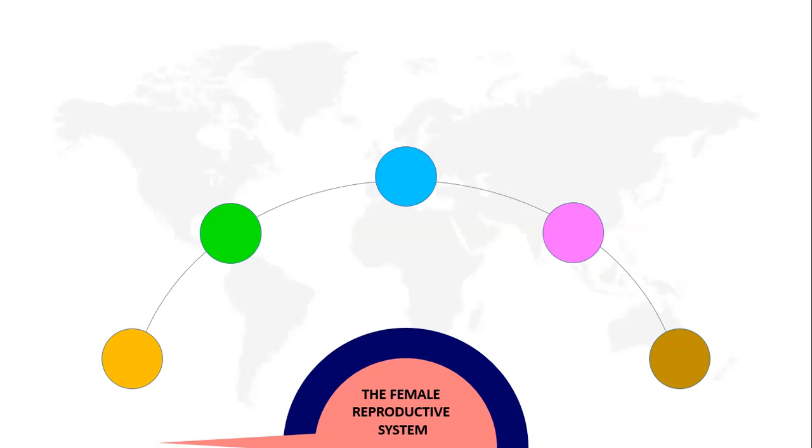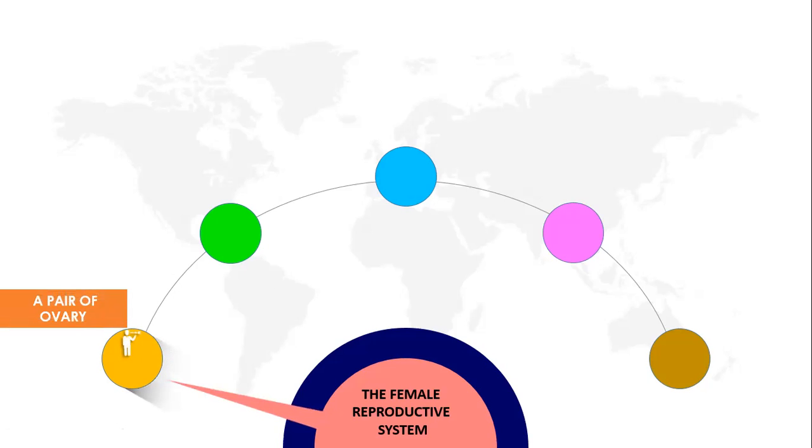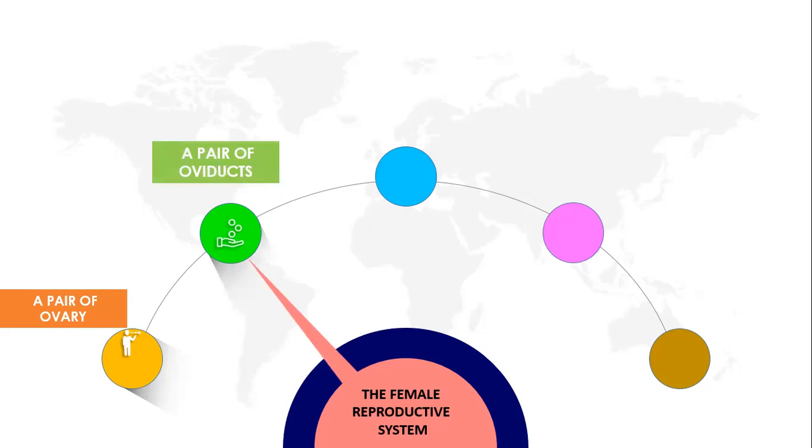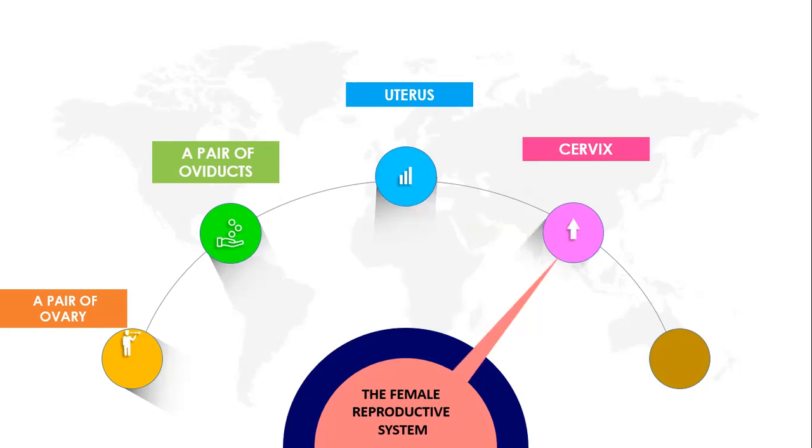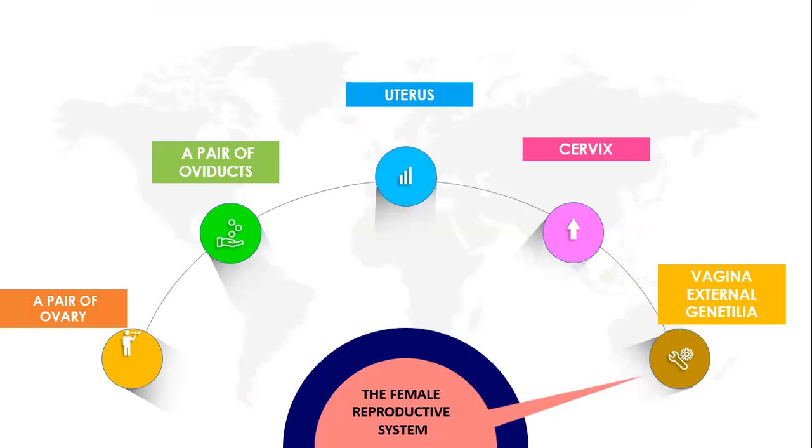The female reproductive system consists of a pair of ovaries along with a pair of oviducts, uterus, cervix, vagina, and external genitalia located in the pelvic region.